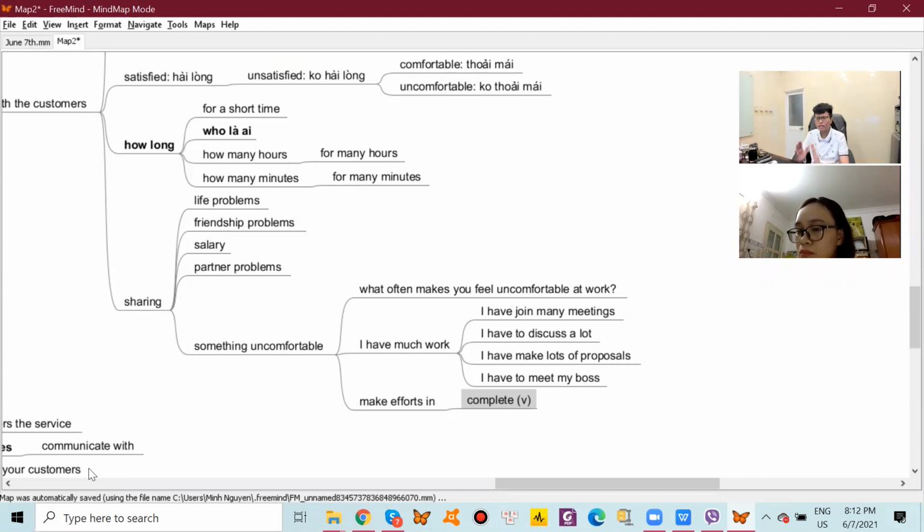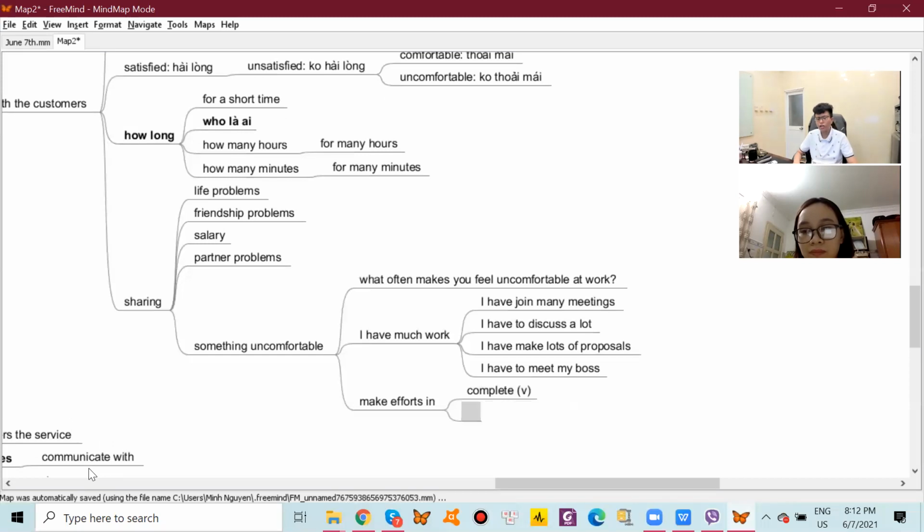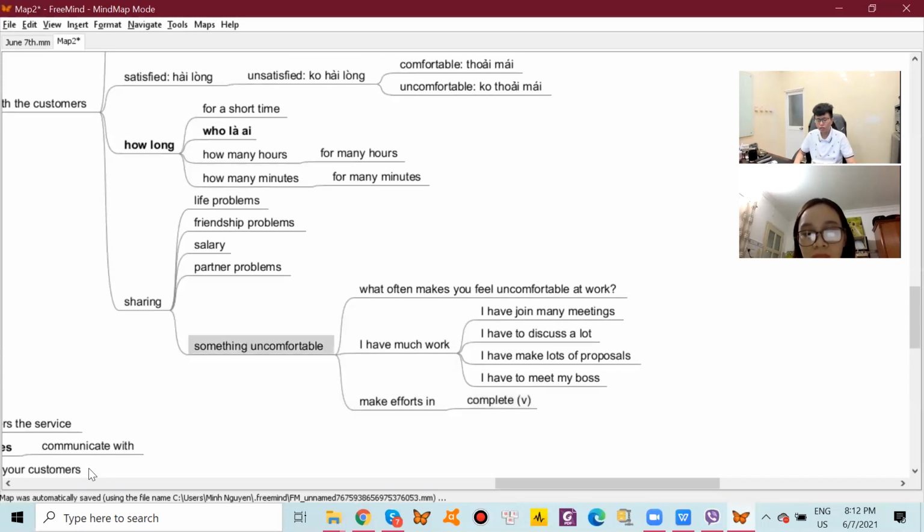How long does it take you to finish work at your office?